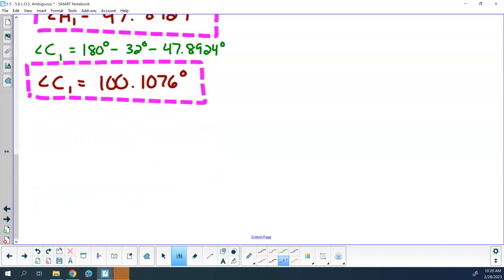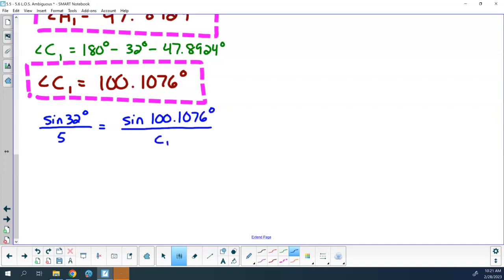Then I can say again that the sine of 32 degrees all over 5 is equal to the sine of 100.1076 degrees all over side C sub 1.